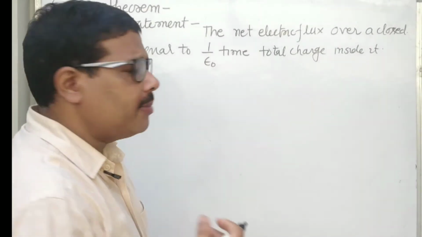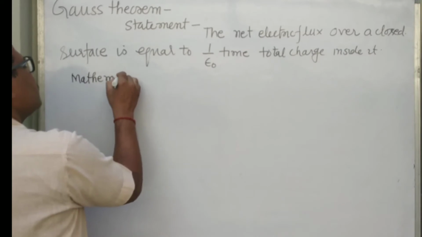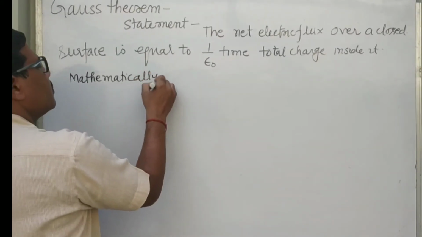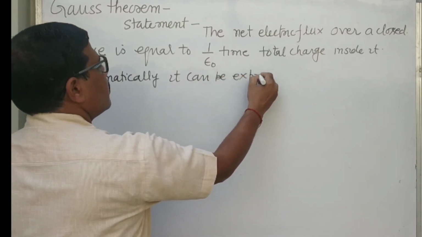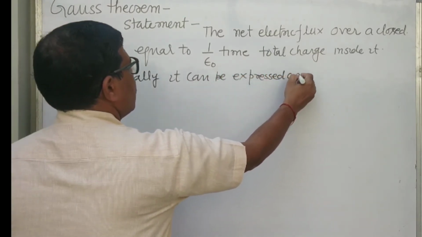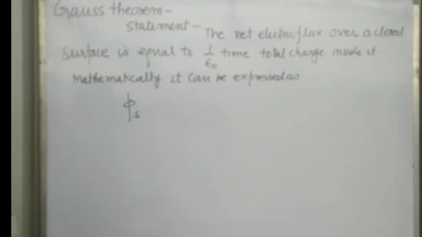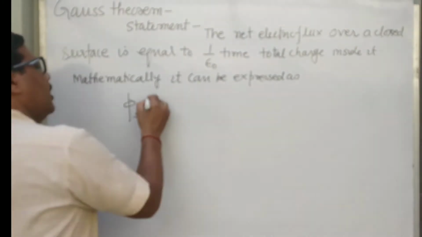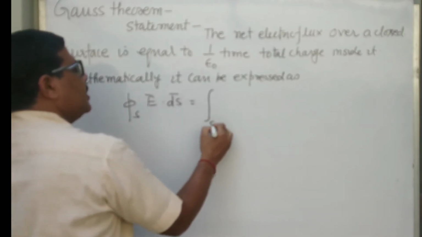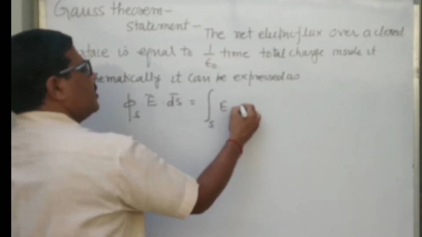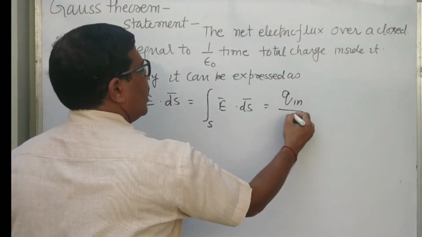Mathematically, it can be expressed as phi, this is the surface integration, this is the representation of surface integration, E into ds, equals q in upon epsilon naught.